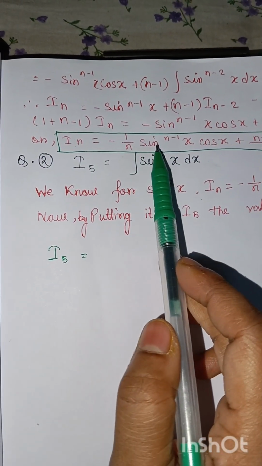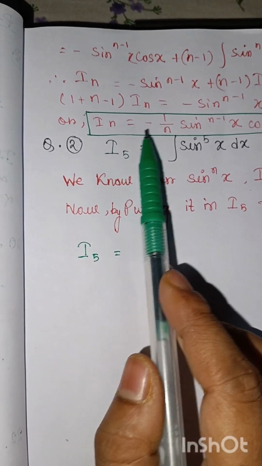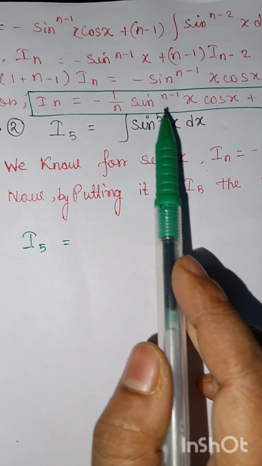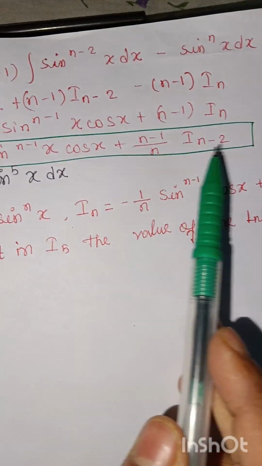In is equal to minus 1 by n sine to the power n minus 1 x cos x plus n minus 1 by n I n minus 2.